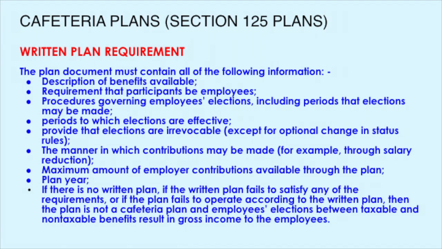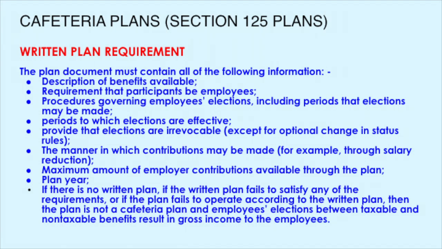To pay for the benefit, the employer contributions to a cafeteria plan are usually made pursuant to salary reduction agreements between the employer and the employee. The employee agrees to contribute a portion of his or her salary on a pre-tax basis to pay for the qualified benefits. Salary reduction contributions are not actually or constructively received by the participant.